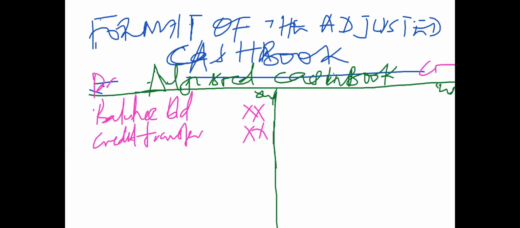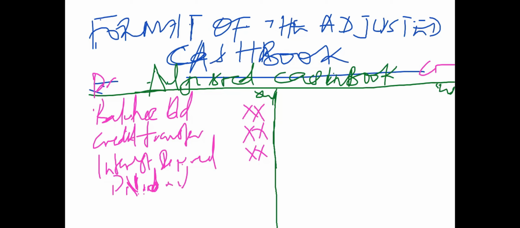And that's usually what we do. So we bring in the interest received. We can also bring in things like the dividend received. So the dividend received, the interest received, those are the ones.